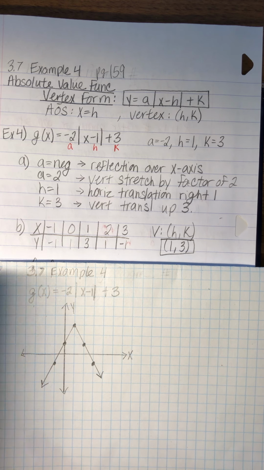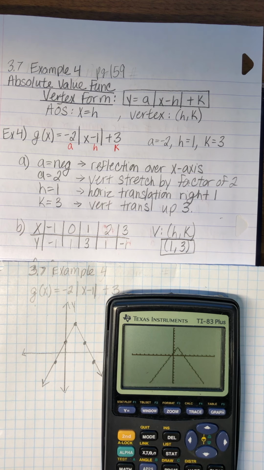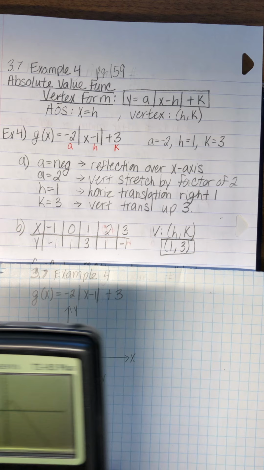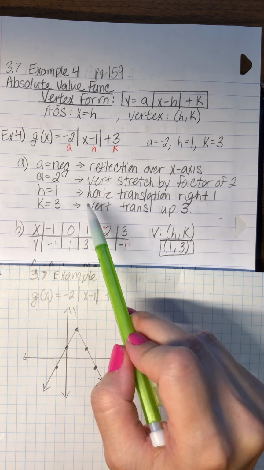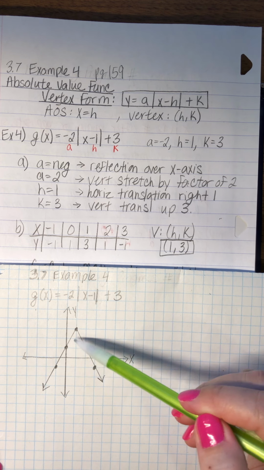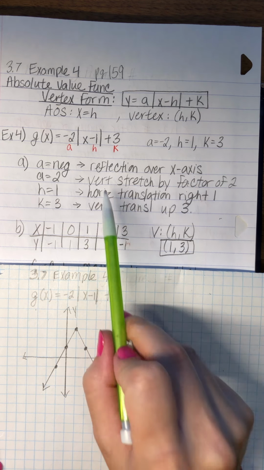We can check our graph in our graphing calculator. Let's hit graph. And yep, our graph looks exactly like our graph on graph paper. And let's just double check, does the graph actually match with all of the transformations that we set up here? Look, this graph is definitely pointing down, so it is a reflection. And then was it vertically stretched by a factor of 2?